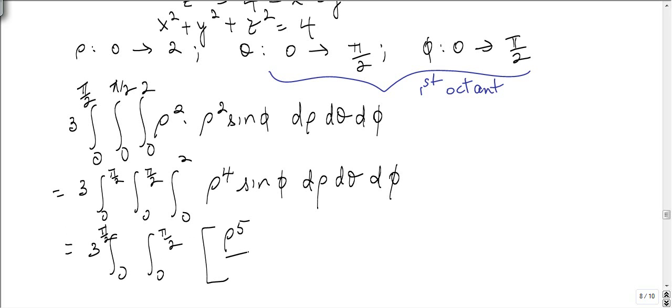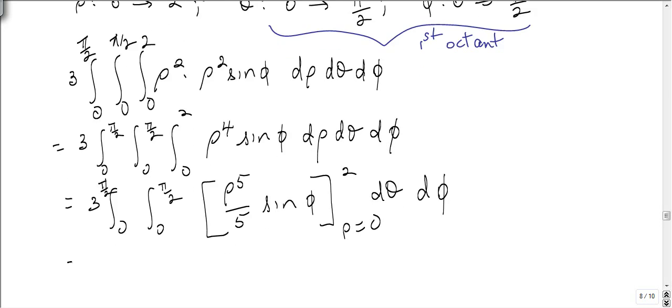Rho to the 5th over 5 sine phi. Rho goes from 0 to 2 d theta. Okay, put 2. So when you put 2, that is 32 over 5?